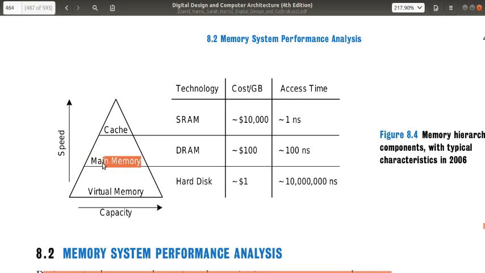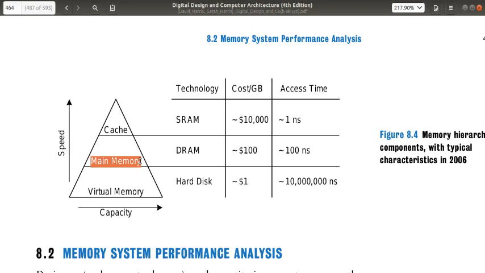Main memory is memory that holds the data temporarily. Cache also holds the data temporarily. But main memory has a higher capacity, yet it is slower. Usually when we talk of main memory, we consider RAM only, random access memory. We will go through the details of these different types of memory later. First we will have a general understanding and an outline.